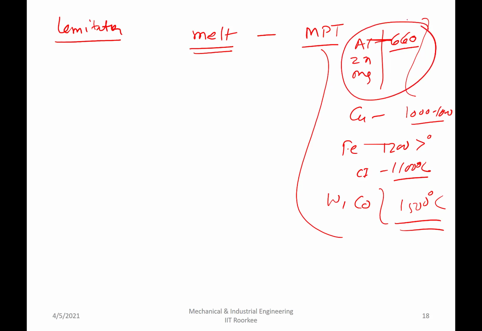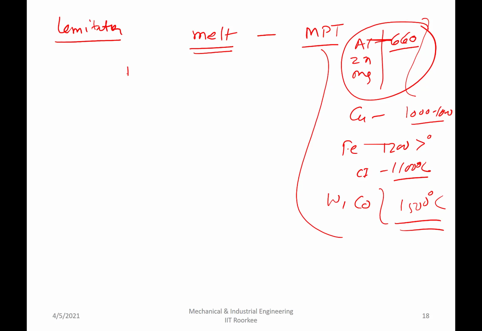Otherwise this will make the job of melting very difficult, and that's why ceramics and high temperature materials which are difficult to melt cannot be processed easily using the casting route. So we'll be looking for the processing of those metals using some other route rather than casting.